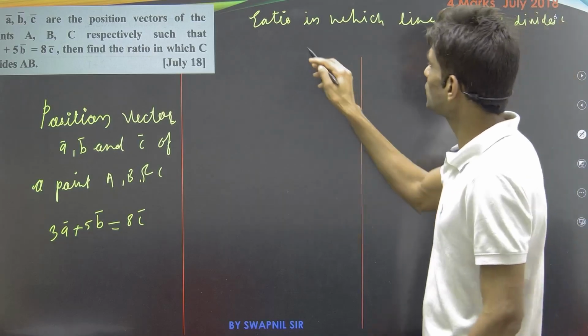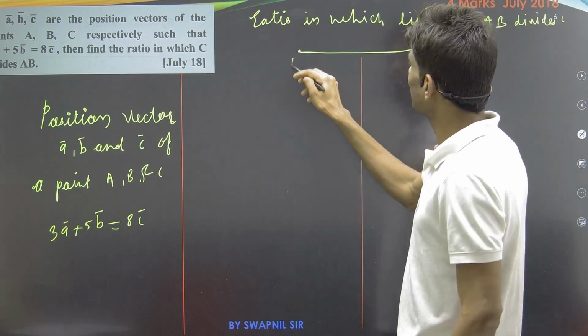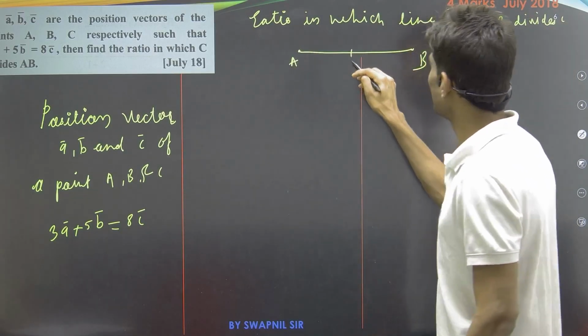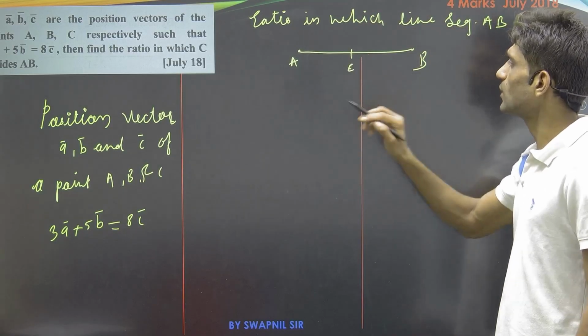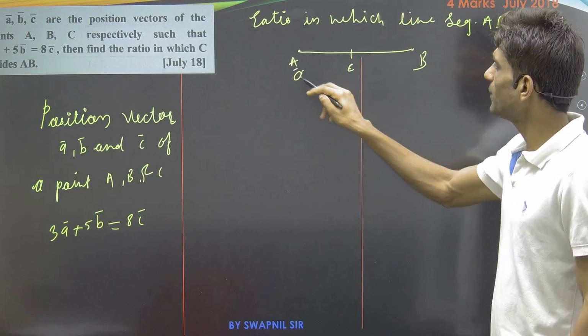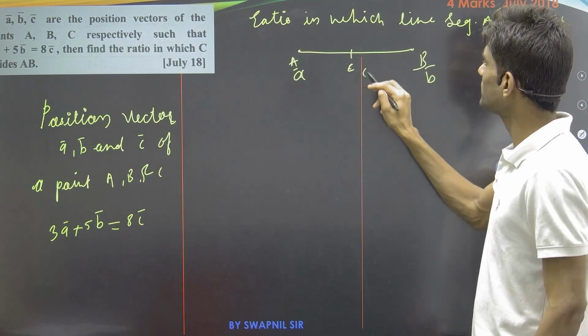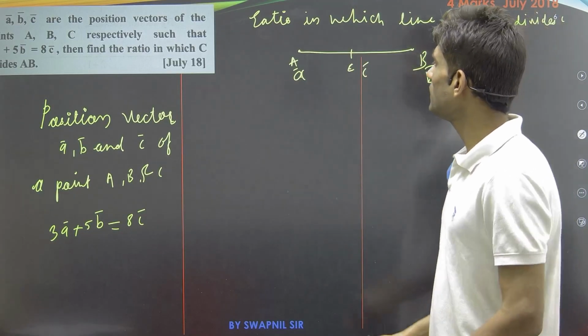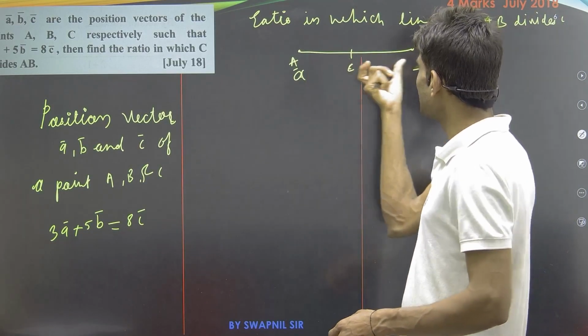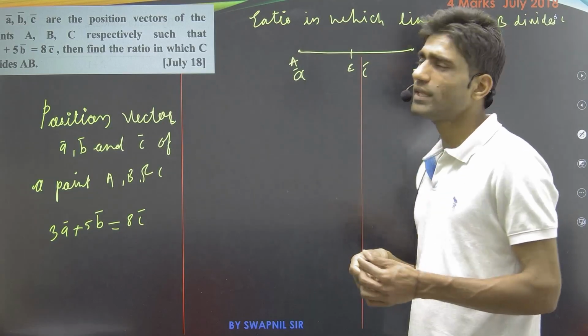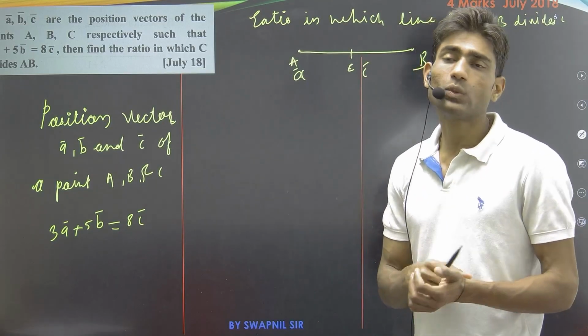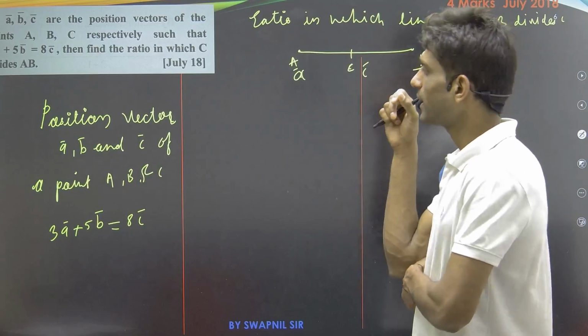Let me plot the line segment AB which has point C on it. Here we get the position vector c bar. So we want the ratio between AC and CB, at what ratio these two lines are getting divided here.